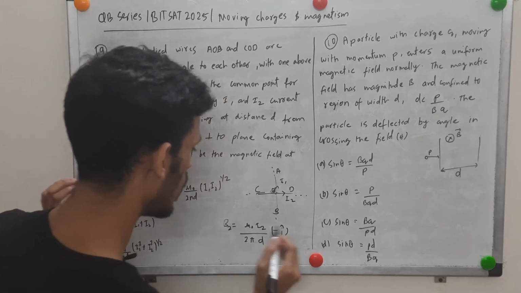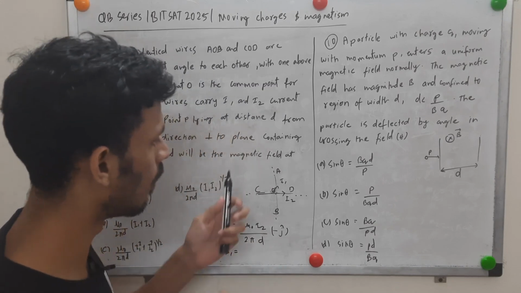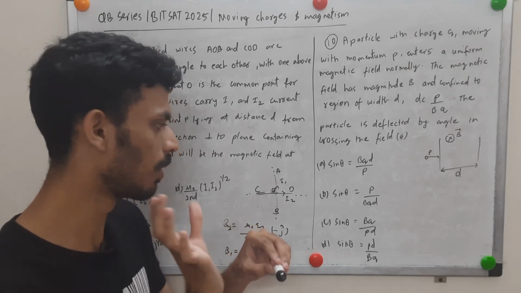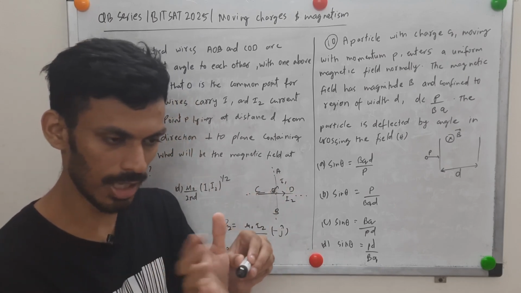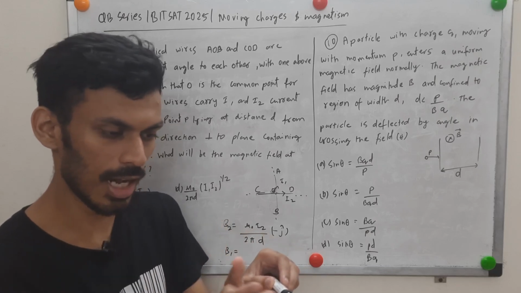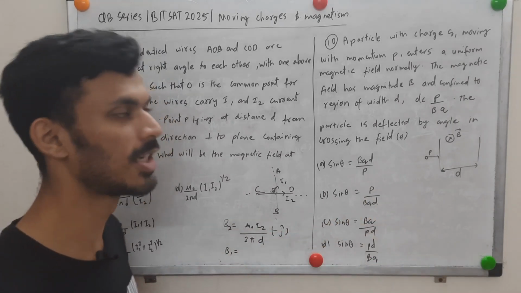Now for I1, the field due to this wire at this point: again put your thumb in the direction of the current, and if you curl your fingers, you see that the direction is that way, which is the positive x direction.